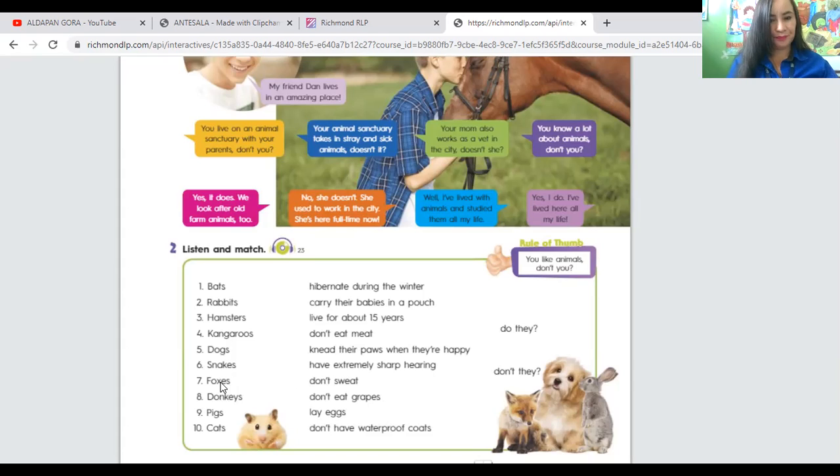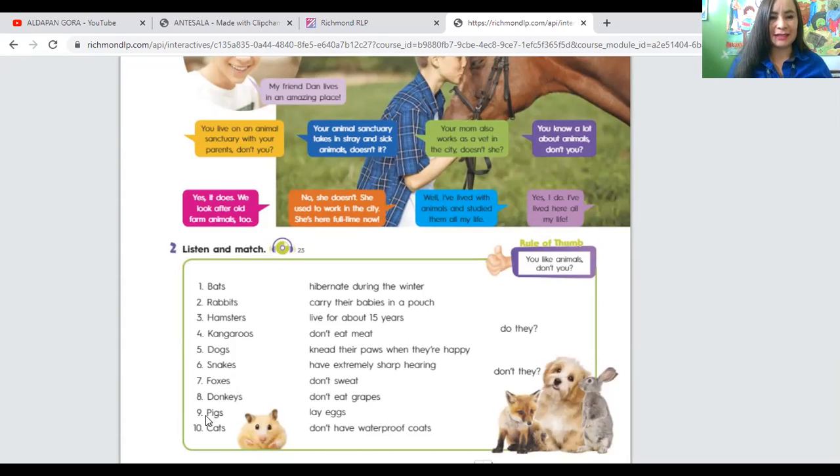Donkeys? Donkeys don't have waterproof coats, do they? Number nine, pigs. Pigs live for about 15 years, don't they? Don't they? And the last, cats.